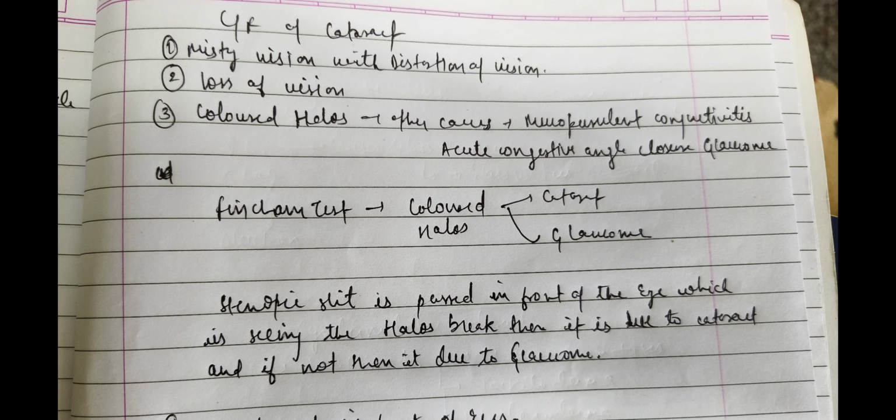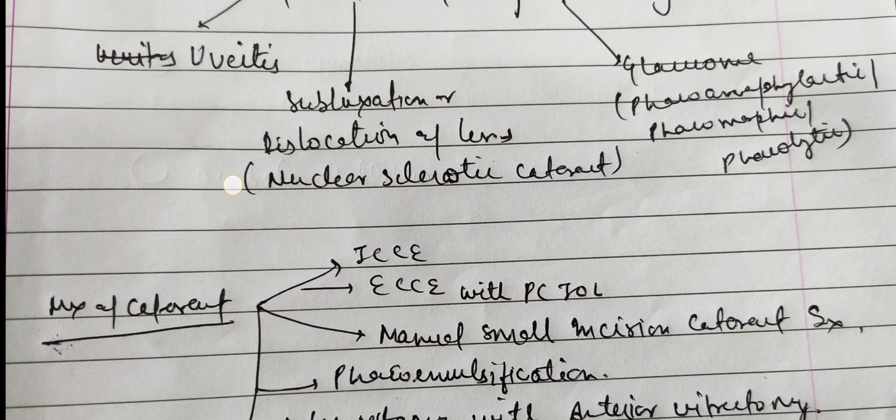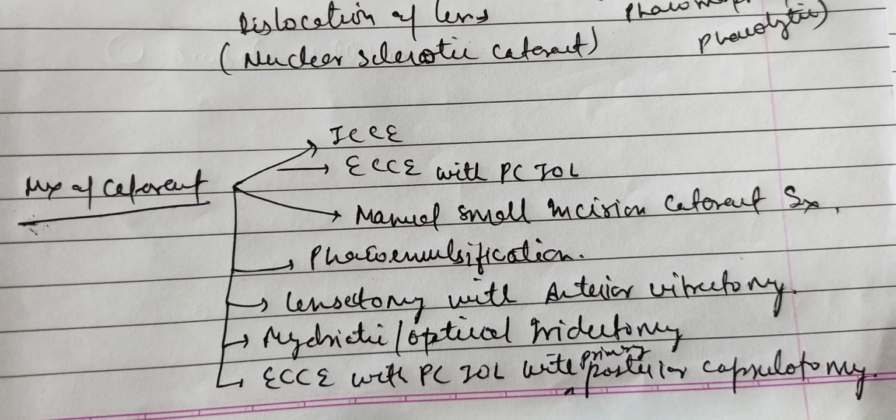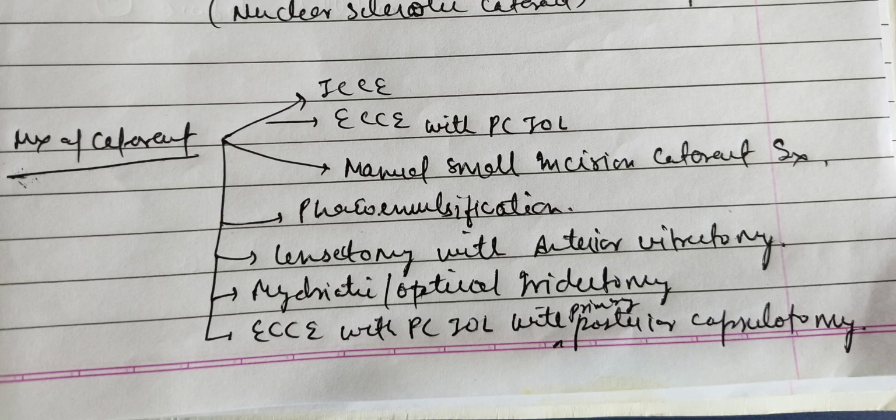There are various ways we can do surgery, like ICCE, ECCE, manual small incision cataract surgery, phacoemulsification, lensectomy with anterior vitrectomy, mydriatic or optical iridectomy, and ECCE with PCIOL with primary posterior capsulotomy. We will look one by one at what these are and what we do in these procedures.